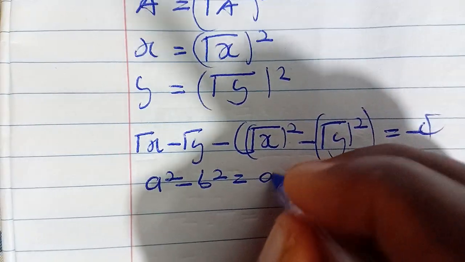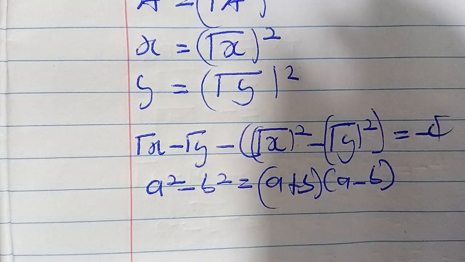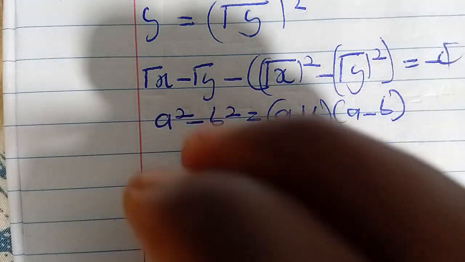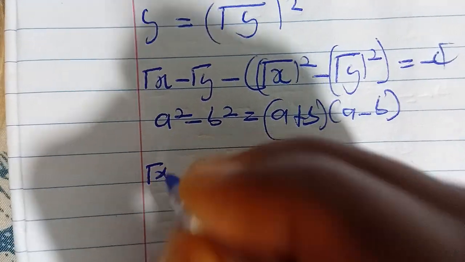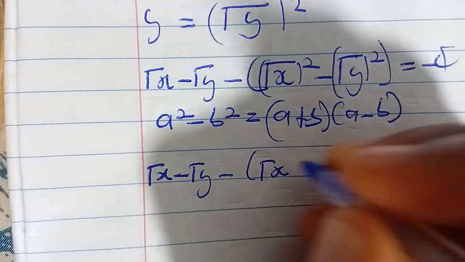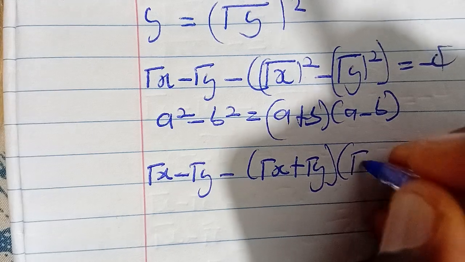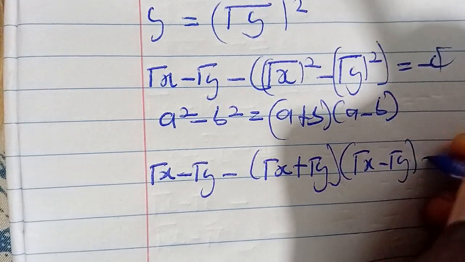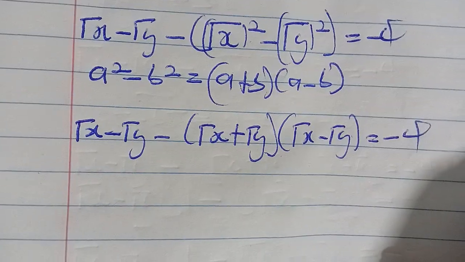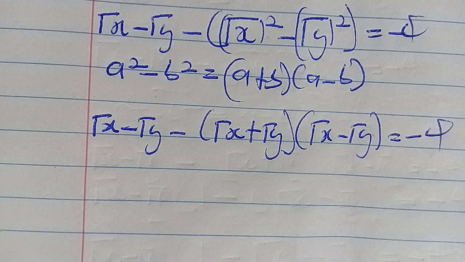We can write this as a plus b, a minus b. So let's apply this concept here. You're going to have root x minus root y minus root x plus root y times root x minus root y is equal to minus 4. Can you see that? So we have carefully applied the concept of difference of two squares.